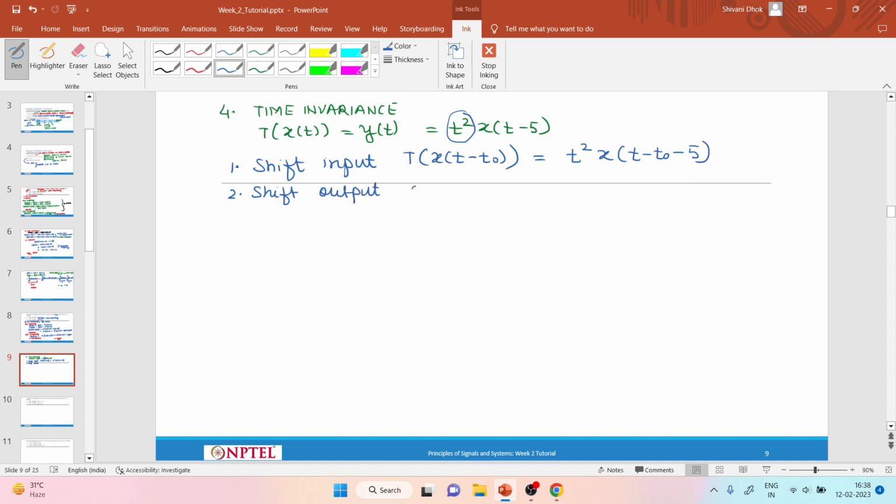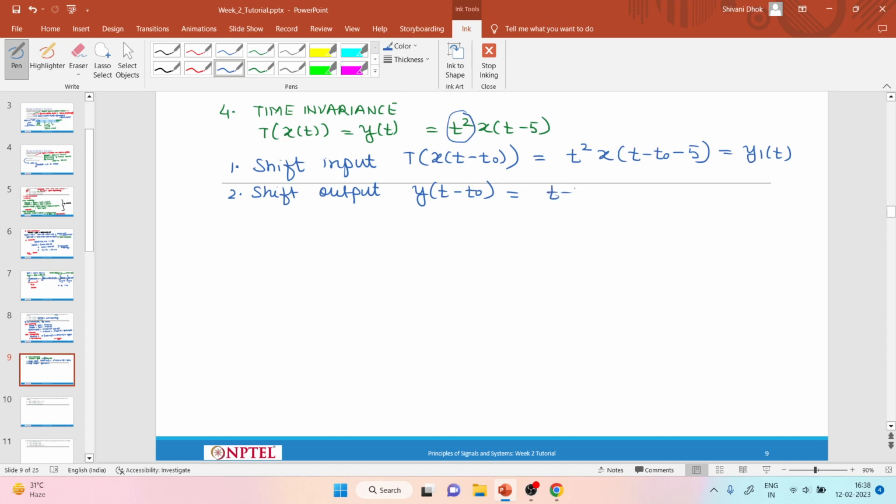Next thing, let us look at how the shifted version of output will look. That is, I need to look at what will be the value of y of t minus t naught, and let's say this is y1 of t. So now for obtaining y of t minus t naught, we need to replace every t in this y of t expression by t minus t naught.